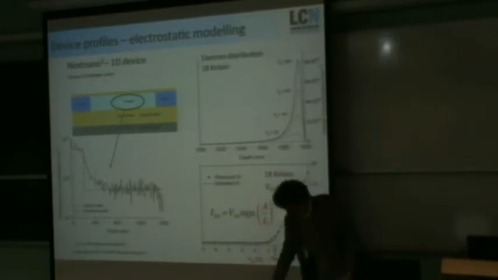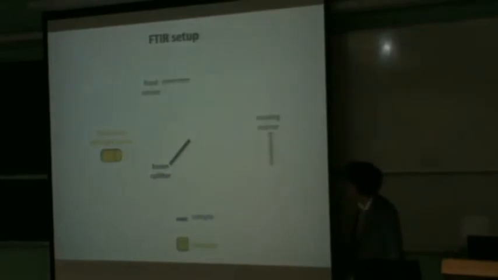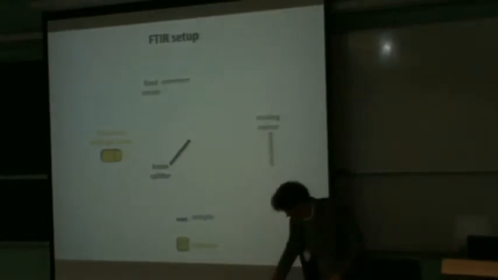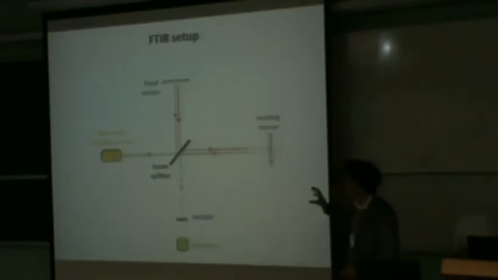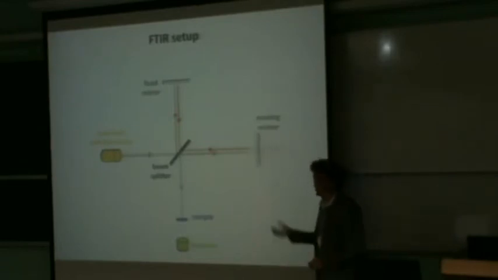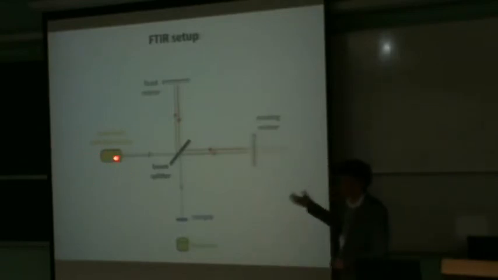So with this, we've been able to perform Fourier transform infrared spectroscopy. How this works, this is a nice slide that I only just put in, but it's quite important. Basically, what we have is a non-coherent light source. This is just a glow bar that provides the light for the system.